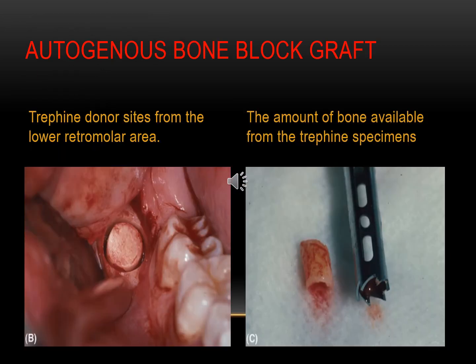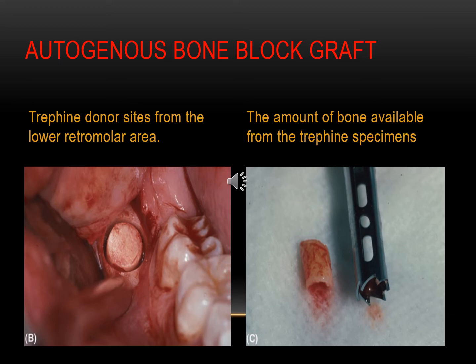In this picture, you can see the trephine donor site from the lower retromolar area. The trephine drill is a cylindrical hollow drill that can be inserted inside the bone. It looks like a zucchini corer and has the same action.